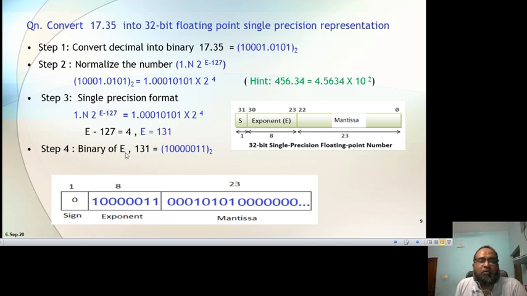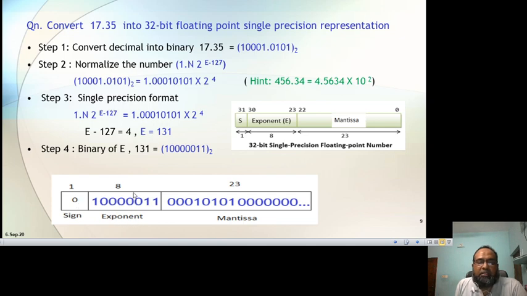Now find the binary of e, the equivalent binary of 131, and represent it. Look at the format. The first bit corresponds to the sign. Here it is a positive number, so 0.